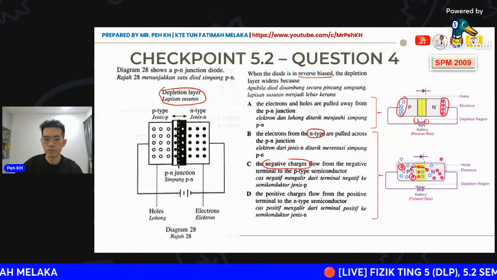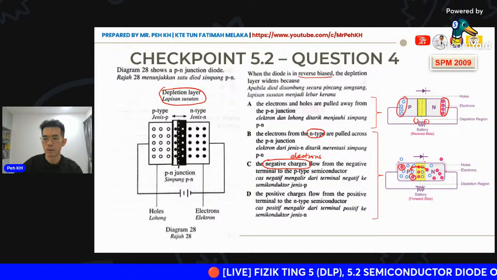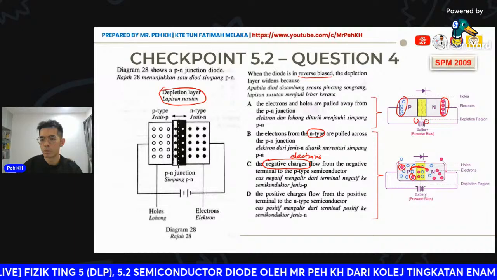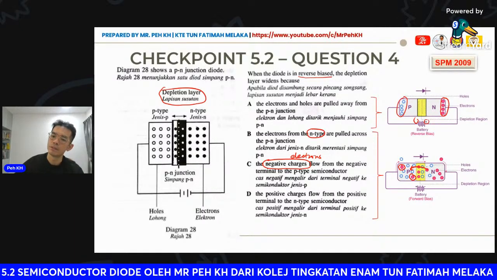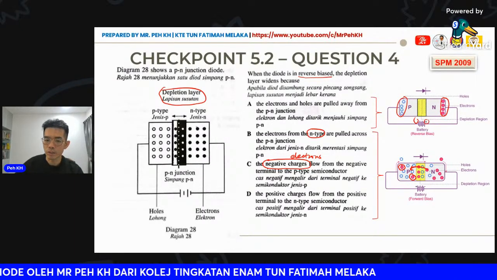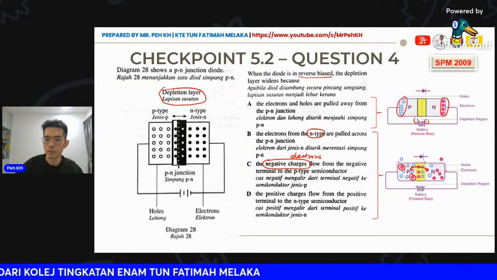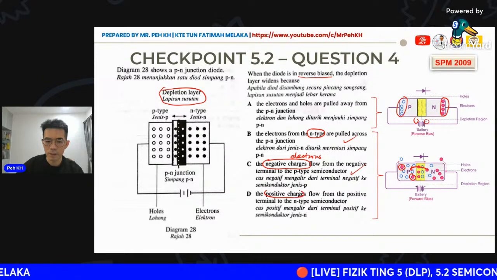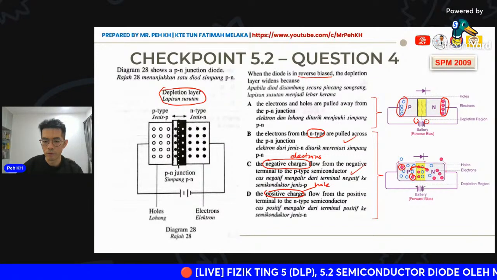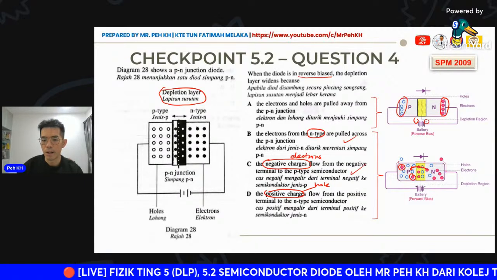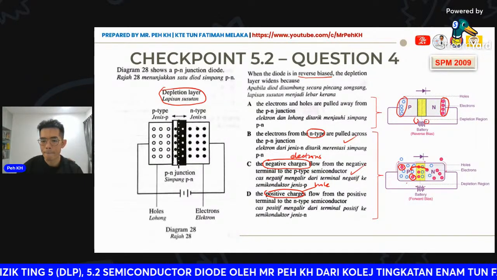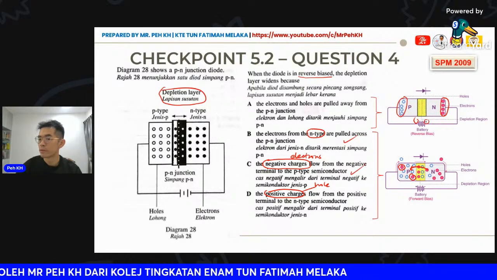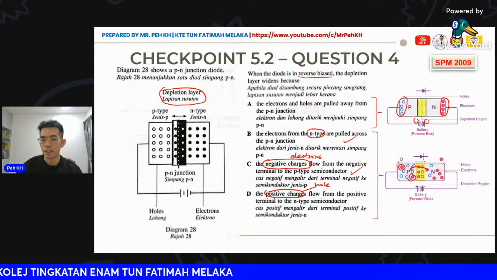The negative charge here refers to electrons, represented as a red dot here. So the negative charge will move to P, which is the same explanation as B. The positive charge here will be holes. The holes will flow from the positive terminal, the P-type semiconductor, to the N-type semiconductor.